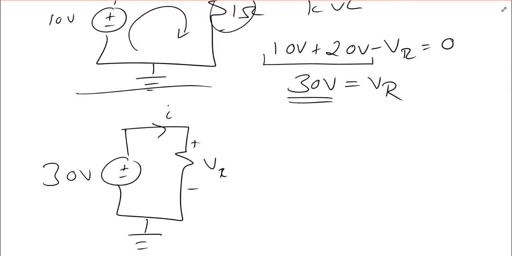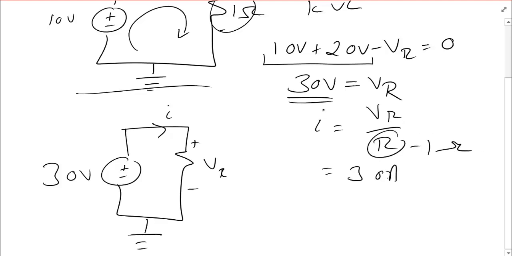Now, I did say what is the current through the resistor. We know that the current is equal to VR over R. R, though, was chosen to be 1 ohm, so my current is 30 amps. As I said in the previous video, that's quite high. I chose this value of the resistor so that the numbers would work out and be nice in whole numbers. But please be aware that 30 amps is quite a significant amount of current.